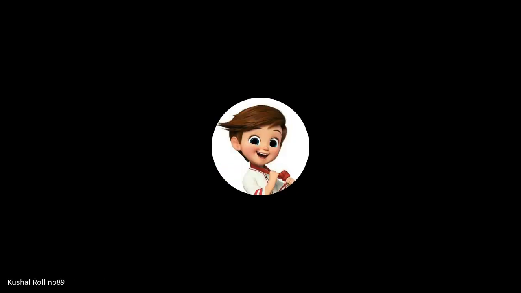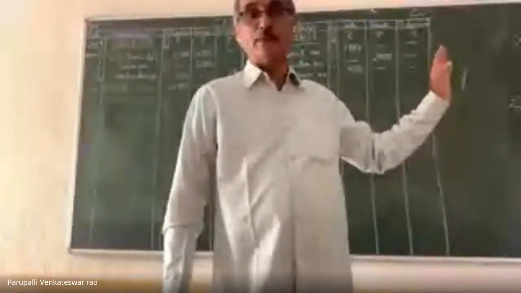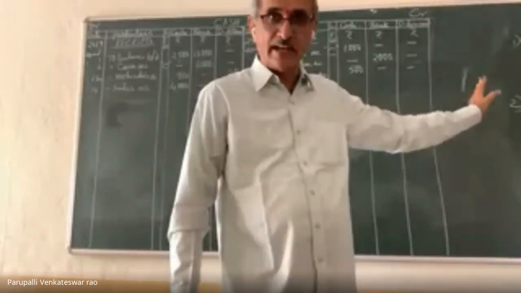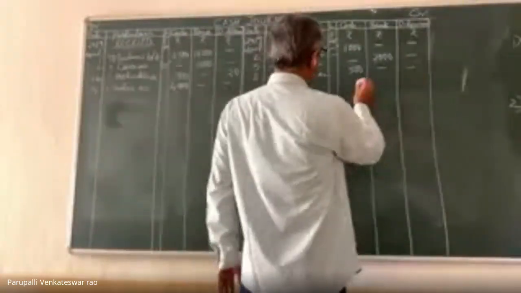Payments are through bank, bank column. Payment through bank. Which side? Debit side or credit side? Credit side. Paid from bank or cash? Bank. How much paid?